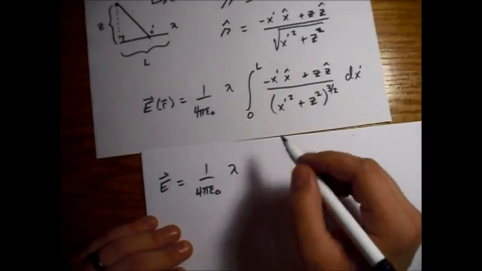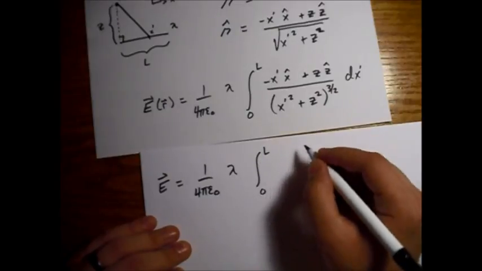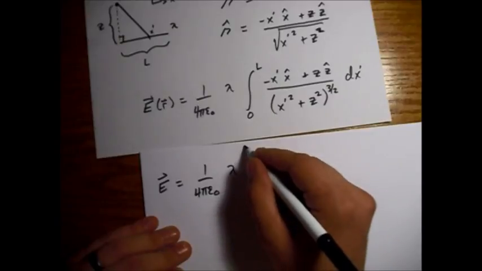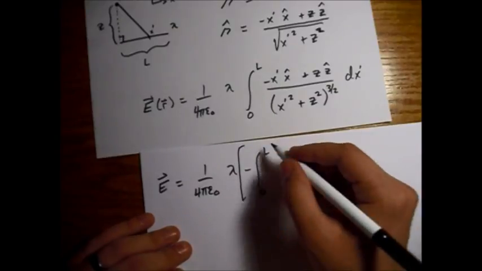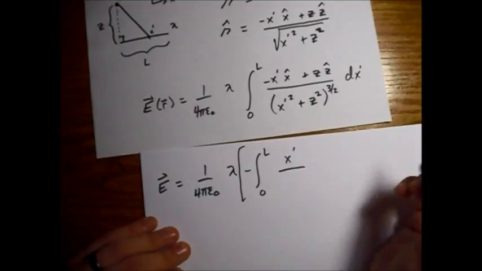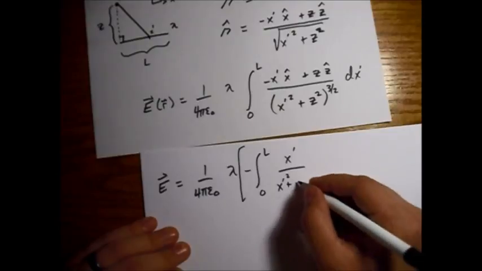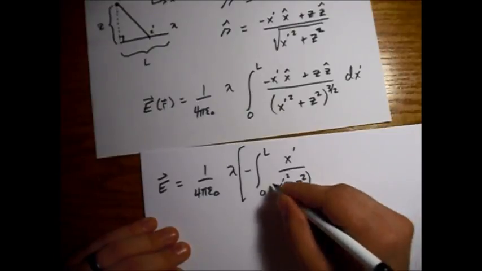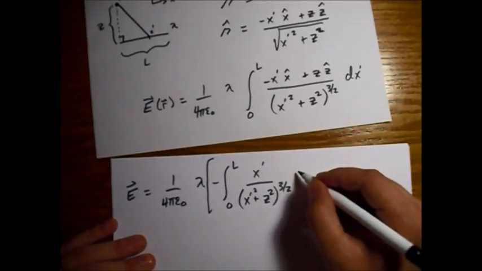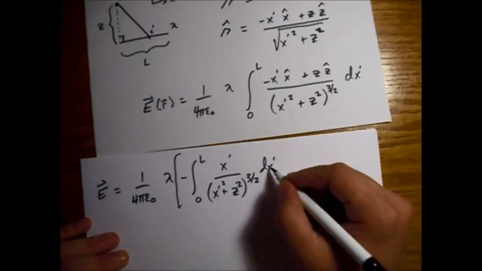Okay, so we have 2 different integrals. One is a minus, let's put this in brackets and actually write this out. So we have an x prime over this x prime squared plus z squared to the 3/2 power, and integrated with respect to x prime.